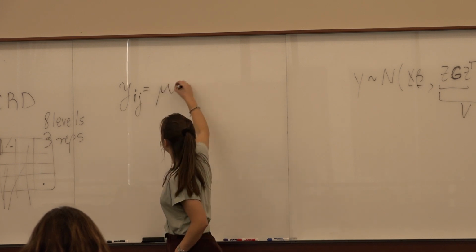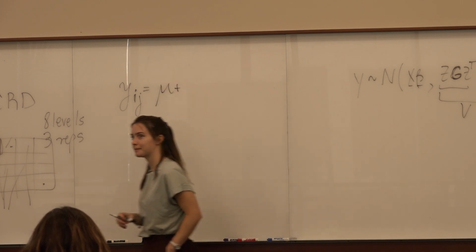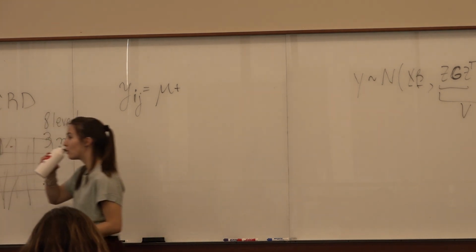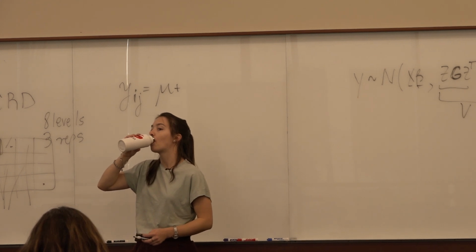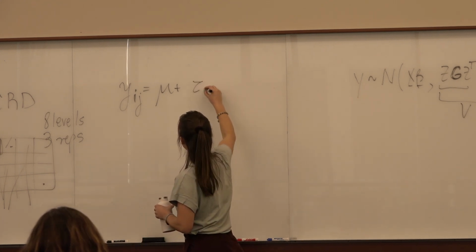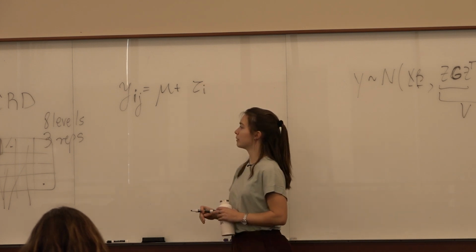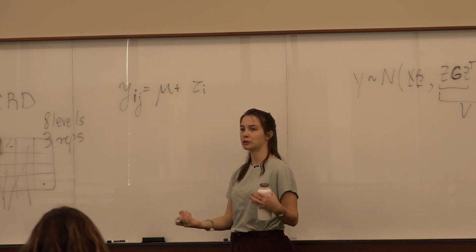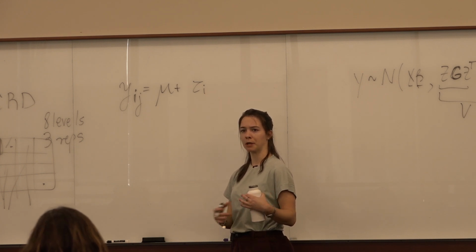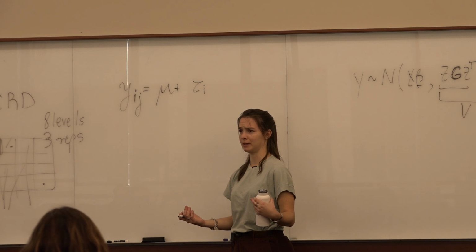Overall mean plus what? Treatment effect of the ith treatment. Anything structural that we want to add, how are the data generated? Completely independently, right?